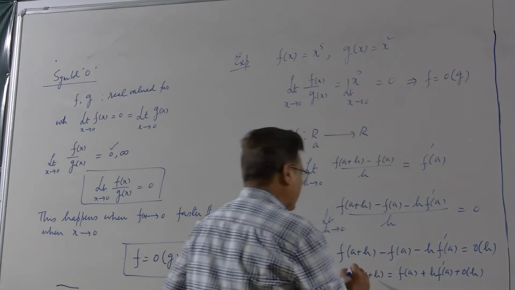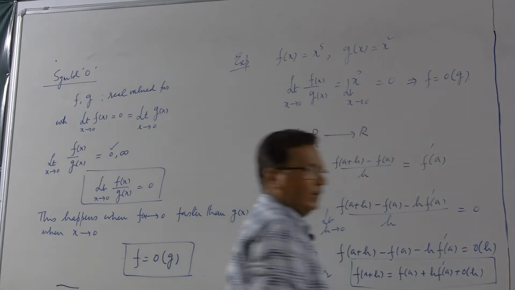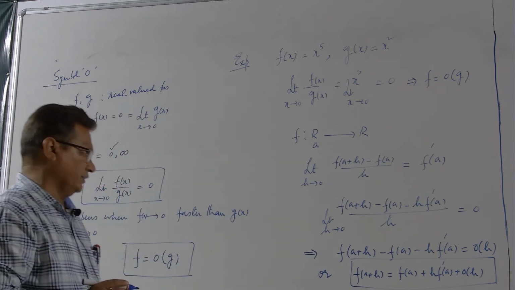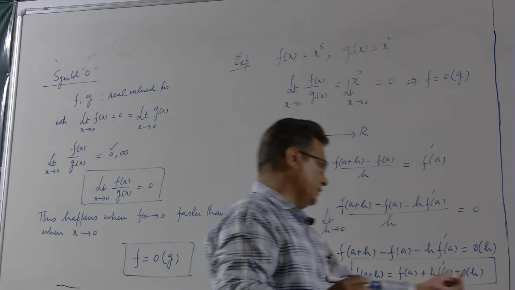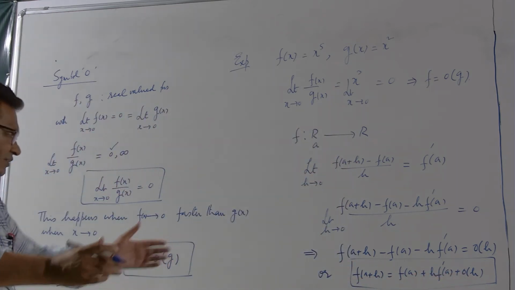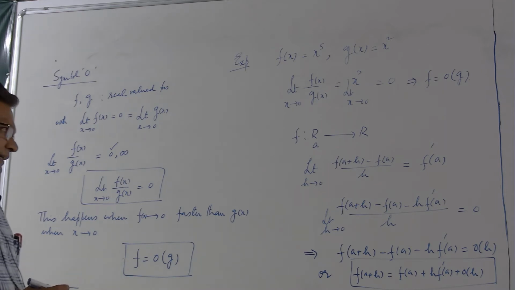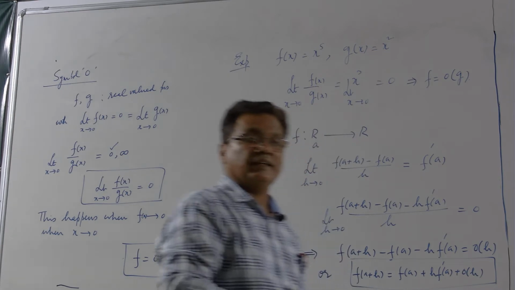Now, you can recognize this as a Taylor series. So, if you write down the Taylor series up to first order term, then you will see that this o h is actually the remainder term, and whenever the Taylor series is convergent, the remainder term tends to 0 faster than h.